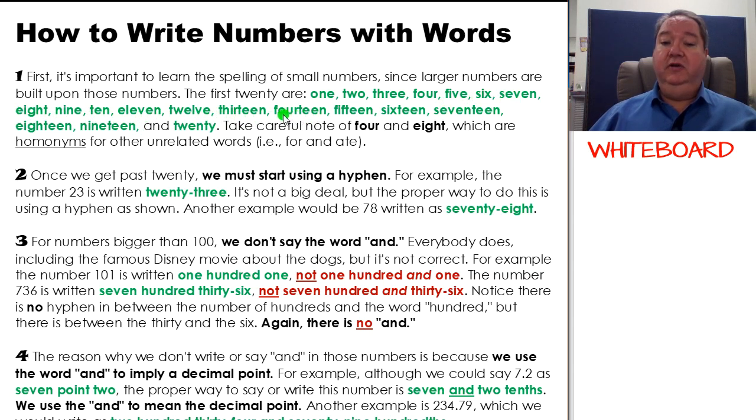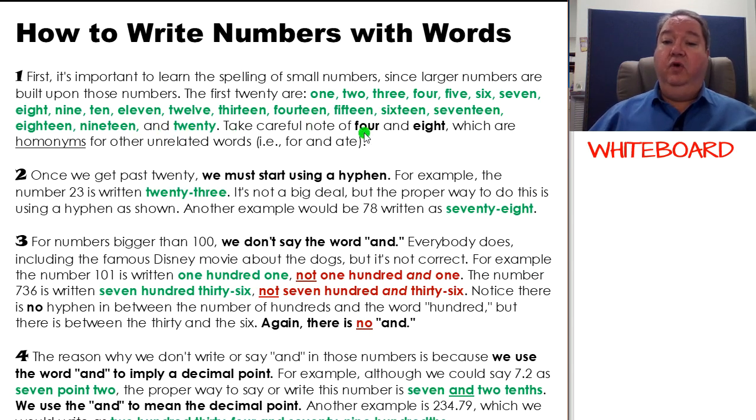Notice 14 here is F-O-U-R. Okay. 15. Notice the 5 is F-I-V-E. In 15, the V changes to an F, and the E disappears. So it's just "fif" and then "teen." 16, 17, 18, 19, and 20.